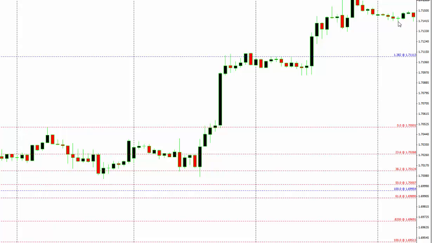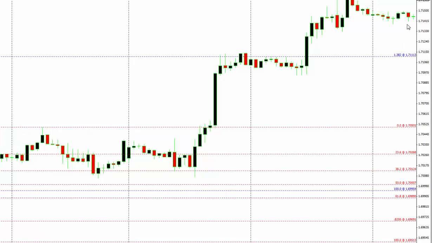So I took this point, and like we said, this was in July 2nd at 4 a.m. You take this point, which is a swing low, and you take this swing low also, and you put them together. You put a trend line right here.